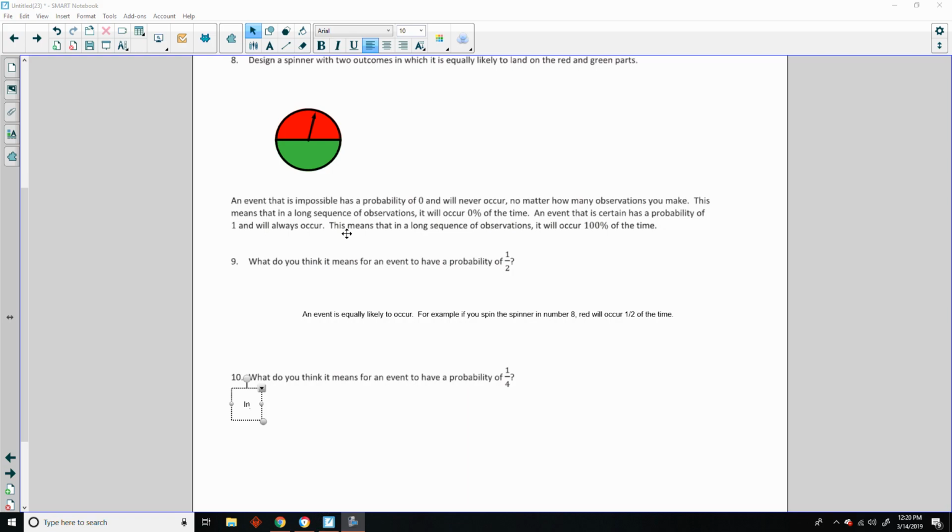This means that, let's say, in a long sequence of observations, an event will occur 25% of the time, or 1 out of every 4 trials. There, that sounds pretty good, I think.